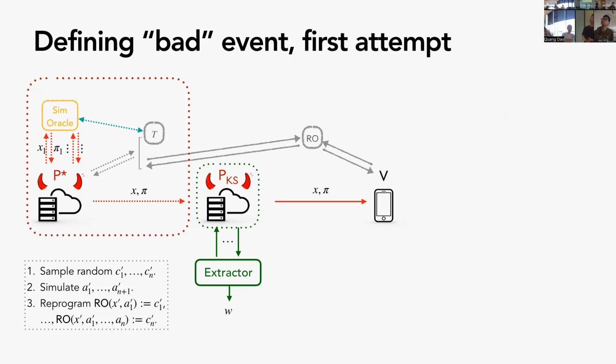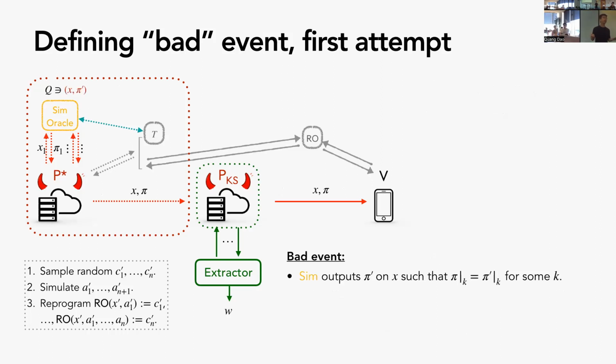So let's try to define this bad event. What happens in this bad event is that the simulation oracle outputs a proof pi prime such that it coincides with the proof pi at some prefix.